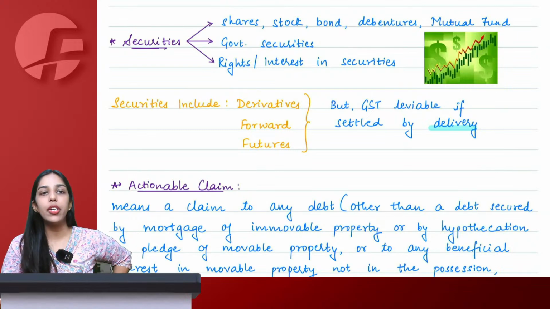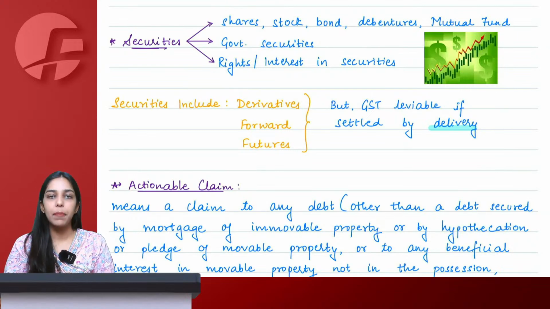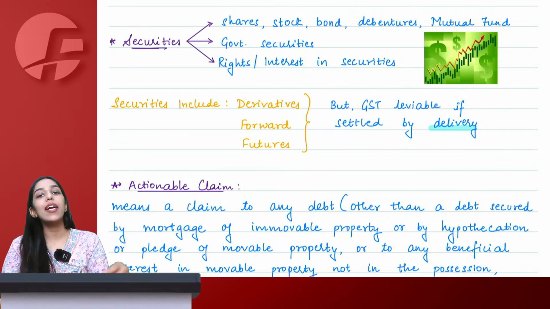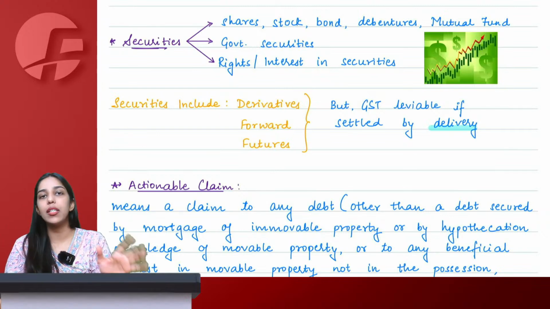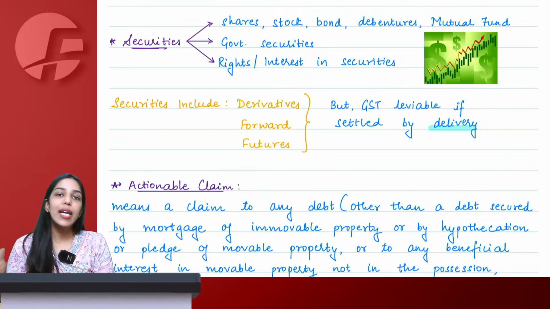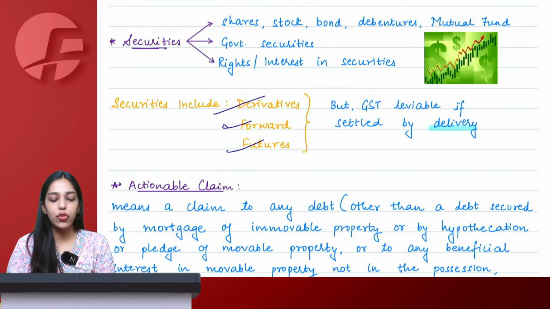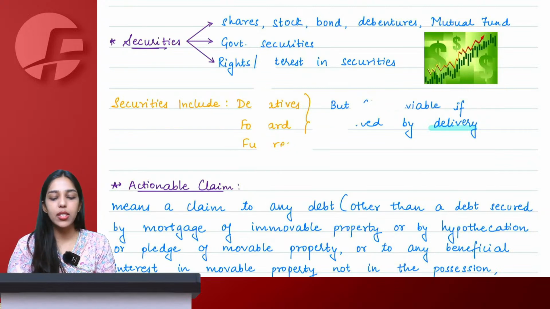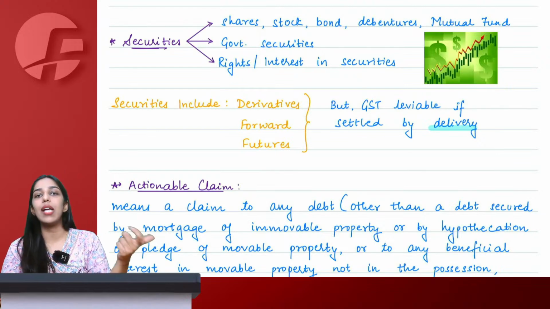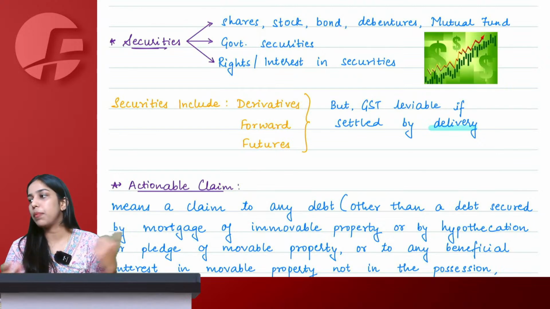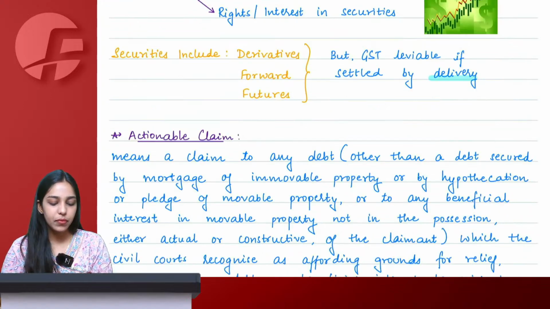So today I entered into a forward contract for soybean, 3 months maturity, and I actually take delivery of that soybean. Then it would attract GST. Then we will say that it is goods. But if you are net settling, cash settling your forward futures derivatives, then it is not goods. It is considered as security, which is outside the purview of GST.